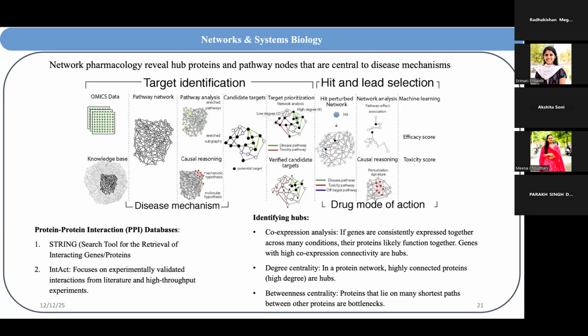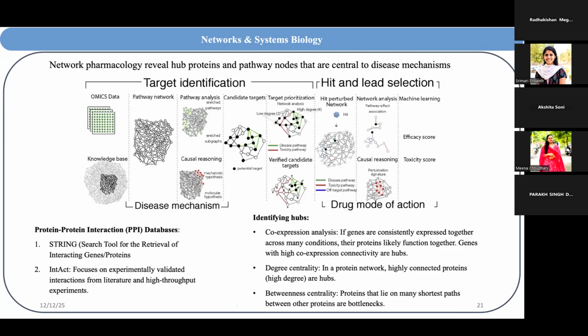So if we inhibit one protein, we do not just affect that one protein; if it forms a network, we perturb an entire network. This causes a problem of off-target effects. So in network pharmacology, we target hub proteins and network bottleneck proteins that are central to disease-driving pathways.